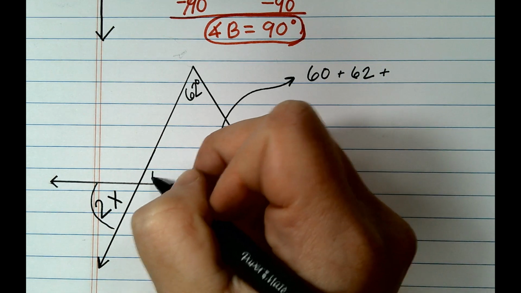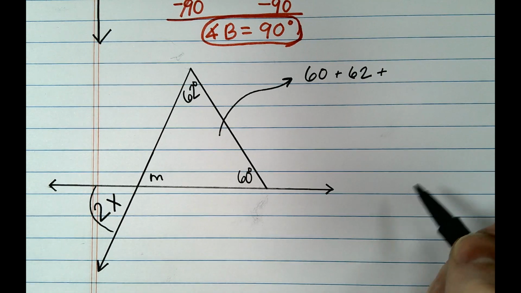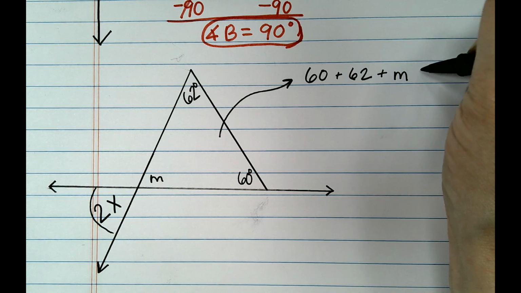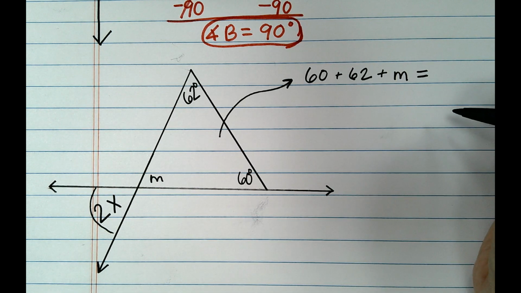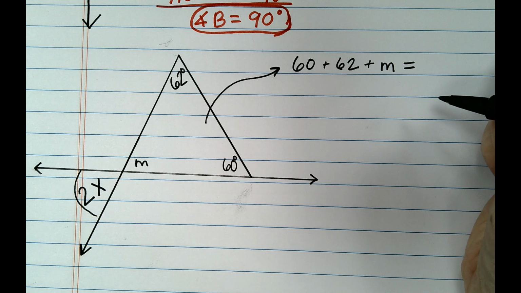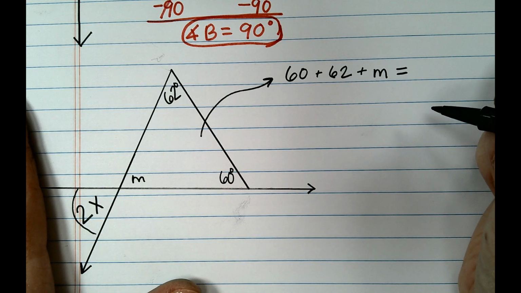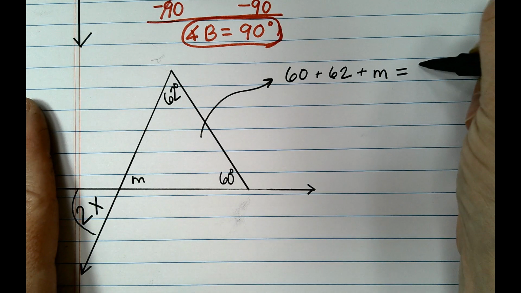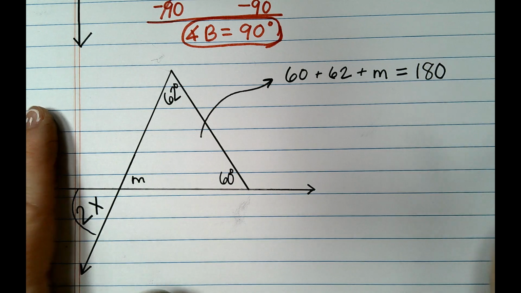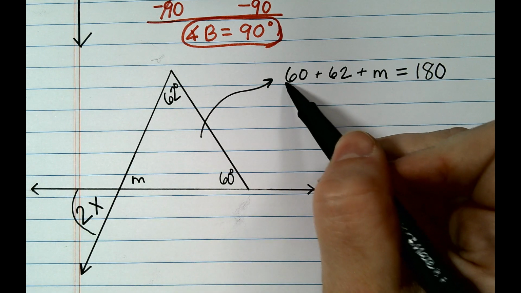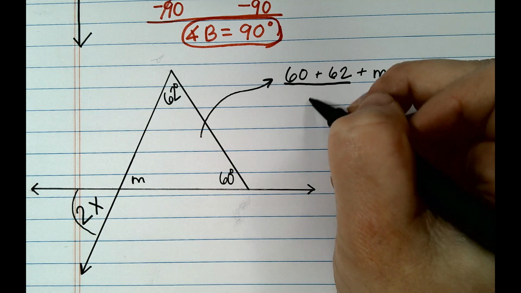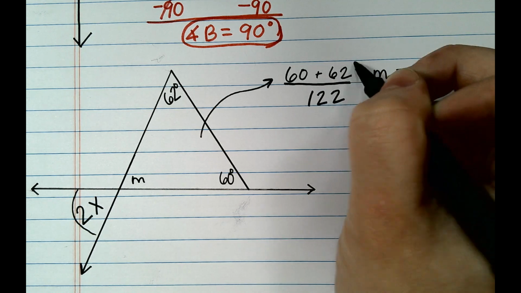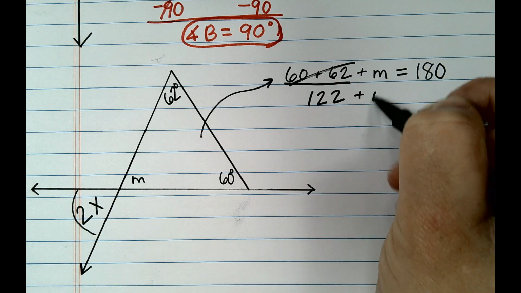I'm going to call this angle M. Now, these three angles, what do they add up to in a triangle? 180, always. That won't ever change. But we said we were going to start by putting together 60 and 62, and that gives us 122. Bring everything down.